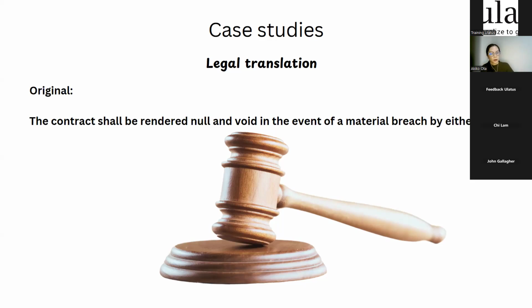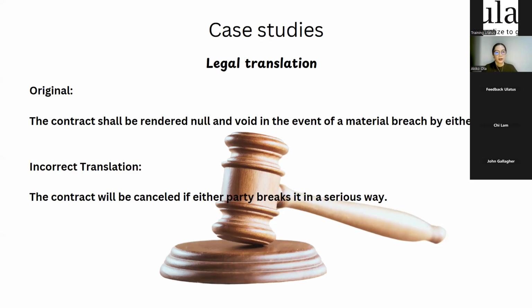So we are going to look at the correct approach, but before that, we will share the incorrect revision approach here. The contract will be cancelled if either party breaks it in a serious way. So you see, precise terms like null and void and material breach have specific legal implications, which words like cancel and break do not capture.